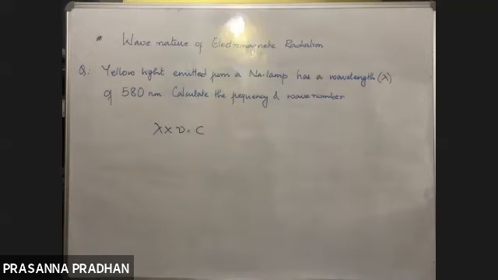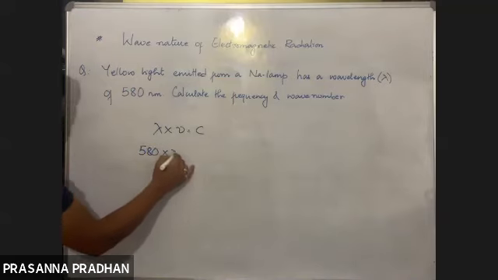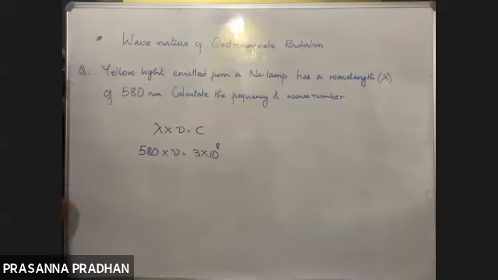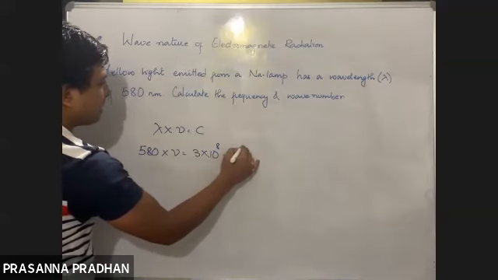What was the answer? The value of lambda is given as 580 nanometer, into mu, equals C, which is 3 into 10 to the power 8 meter. And 1 nanometer is equal to 10 to the power minus 9 meter.